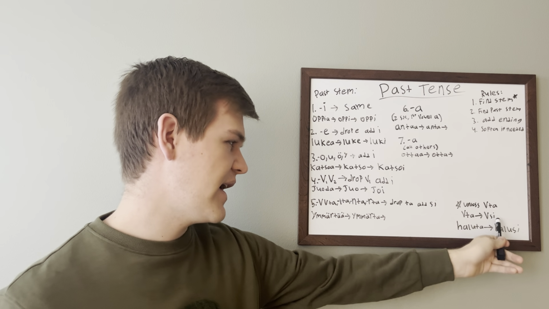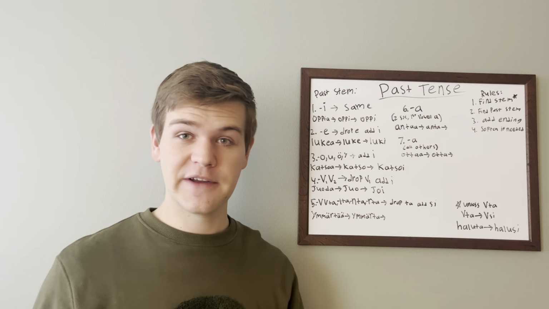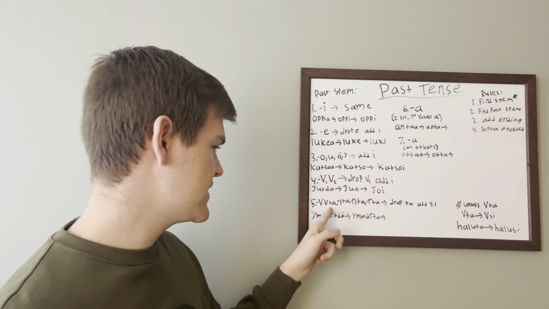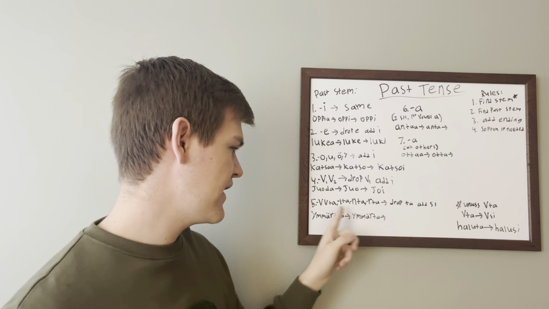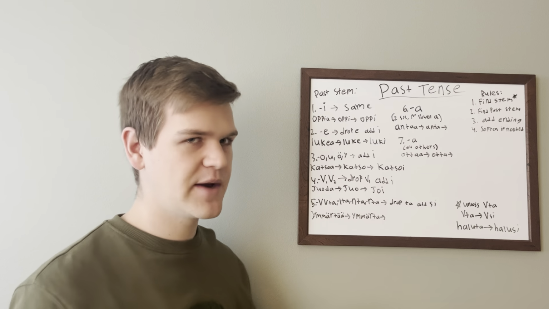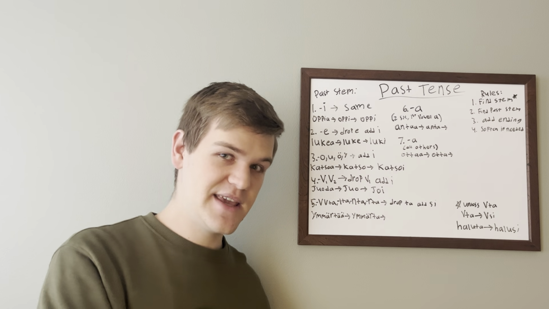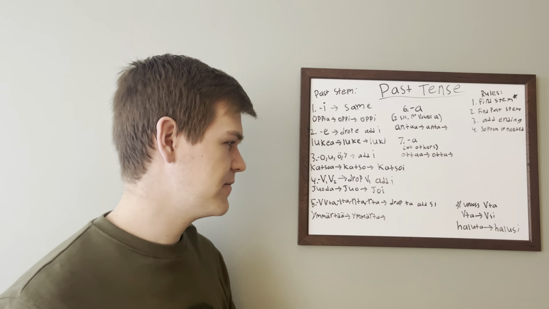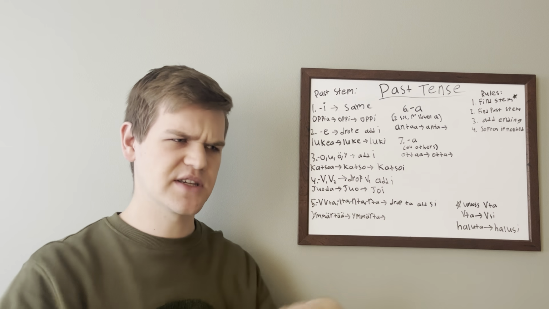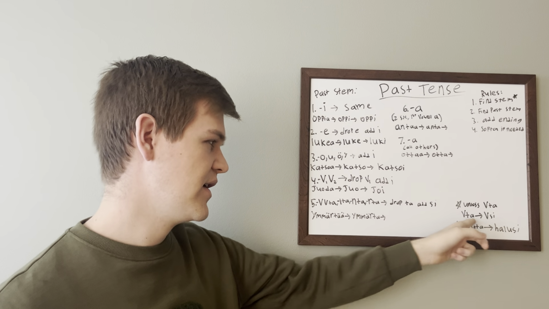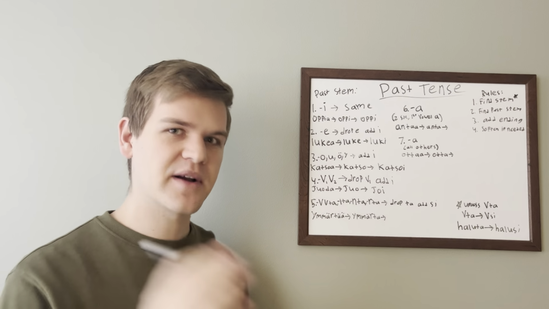Drop TA, add SI. Kind of a nice way to remember this rule maybe. Most of the times that it ends in TA, vowel, vowel, TA, LTA, NTA, RTA, which is most TA verbs, you're going to again drop the TA, add SI. So it can be a nice way to remember. Just usually if there's a TA, whether it's at the start or later on, you probably are going to drop that and add SI.